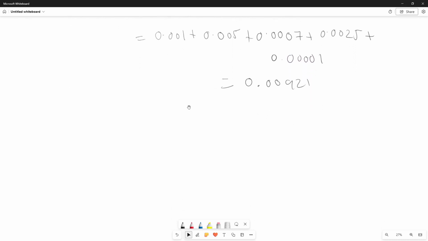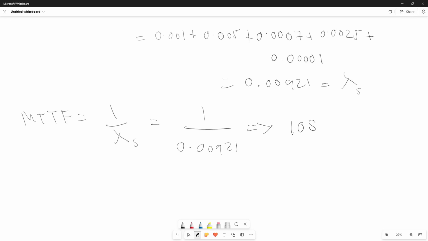Now, the formula for the mean time to failure is given as 1 over lambda. In this case, it is the lambda for the whole system, so this is lambda s, so it's going to be 1 divided by 0.00921, which gives us 108.58.